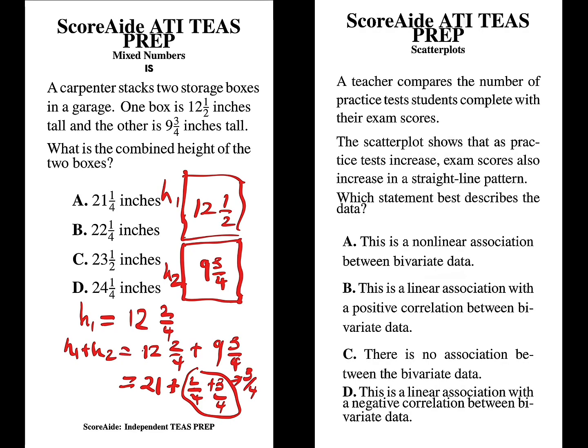And 5 over 4 is one whole number, 1 over 4. So this is going to be 21 plus one whole number, 1 over 4, which is equal to 22 whole number, 1 over 4. And the answer is going to be B. Perfect.